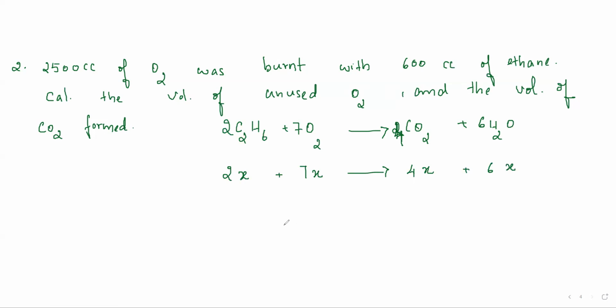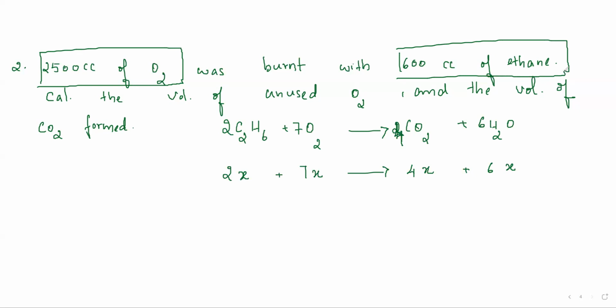Okay. Now, it's given volume of oxygen is 2,500 centimeter cube. Volume of ethane is 600 centimeter cube. Should I now take 2x is equal to 600 because the number corresponding to ethane is 2x? Or should I take 7x is equal to 2,500?